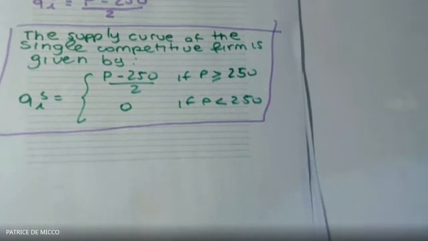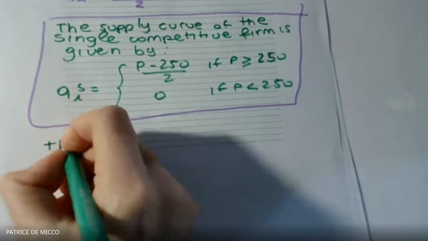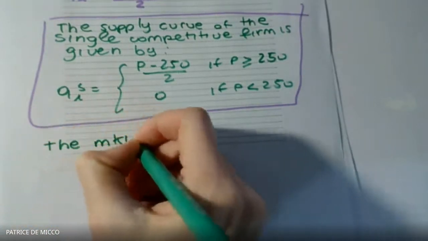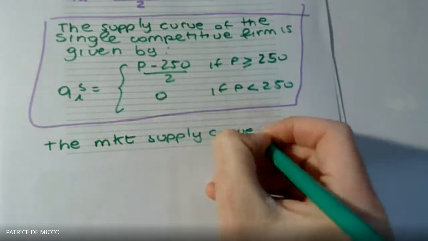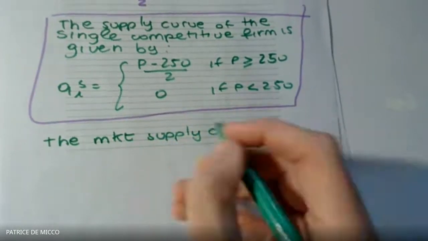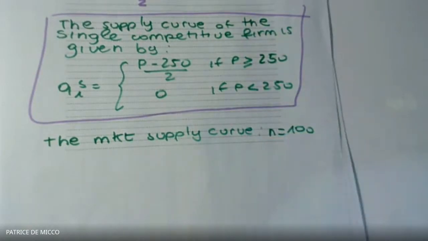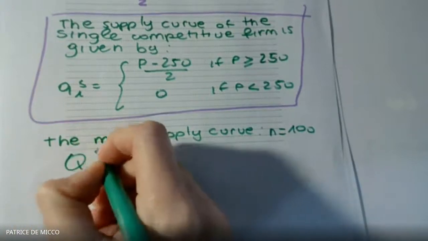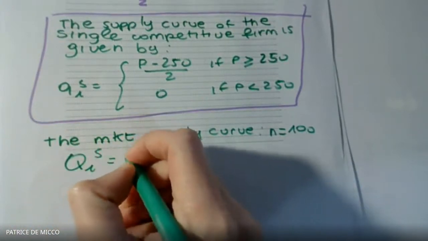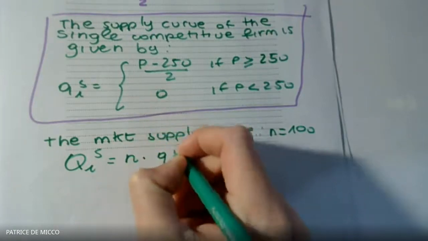But we were also asked to compute the market supply curve. Okay, so the market supply curve, given that we know that N is equal to 100 because we have 100 firms, it's easy because it is given by Q^S is given by N, that in our case is 100, times little q.